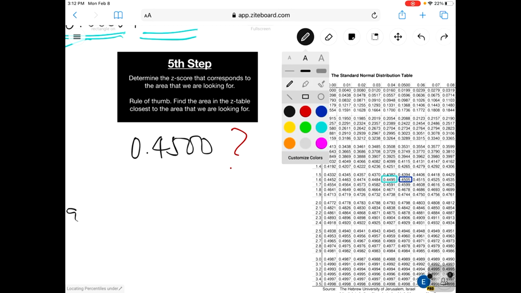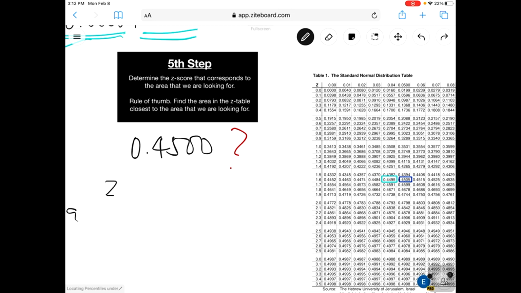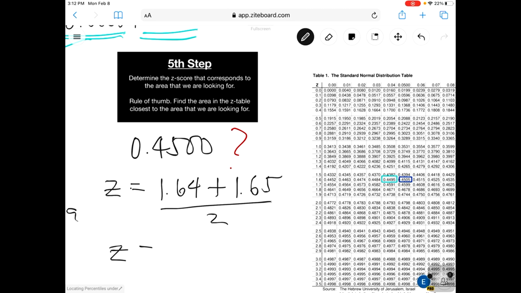We have z equal to 1.64 plus 1.65 all over 2. So now our z-score is equal to 1.645.